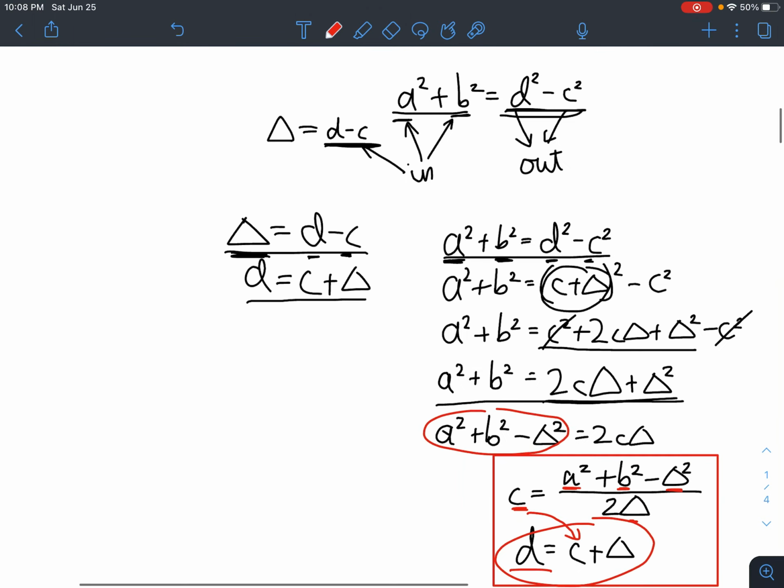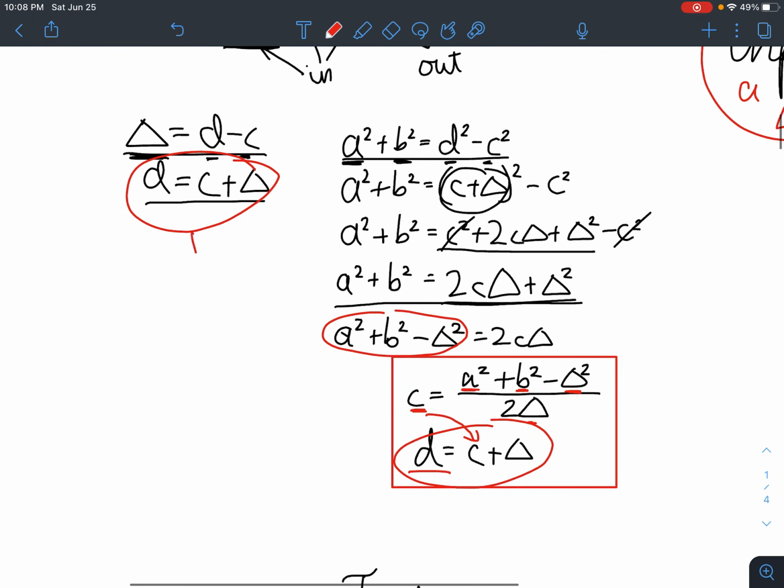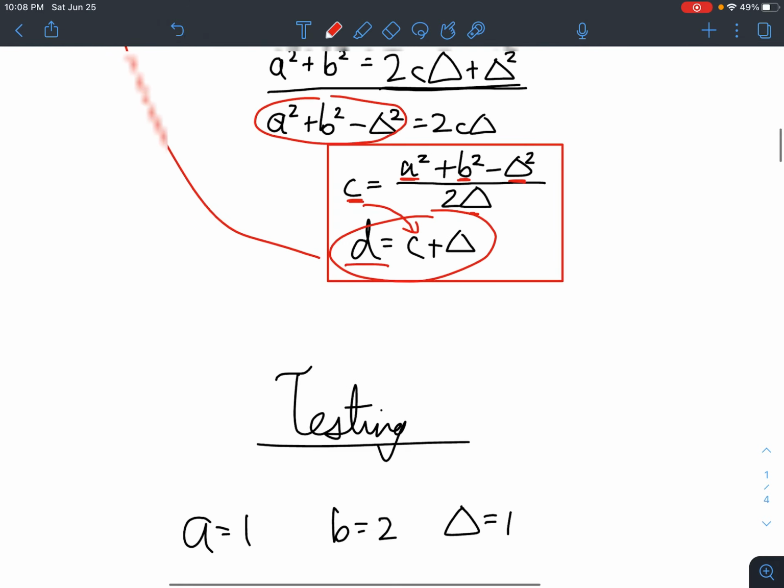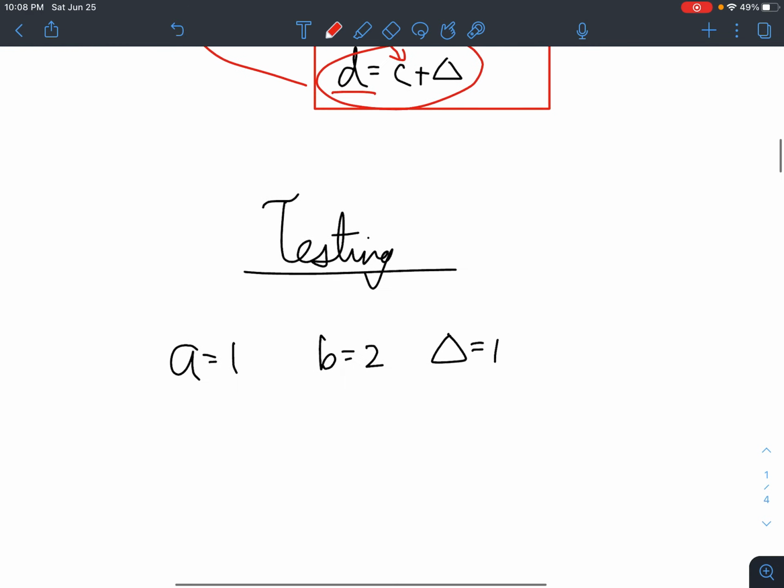And this equation, by the way, came from over here. So those are the two equations that make up our formula. It's relatively simple, and to see if it works, we're going to test it.